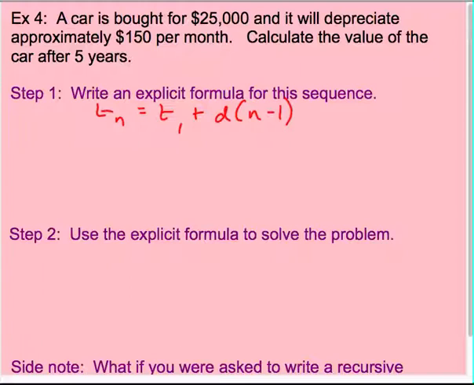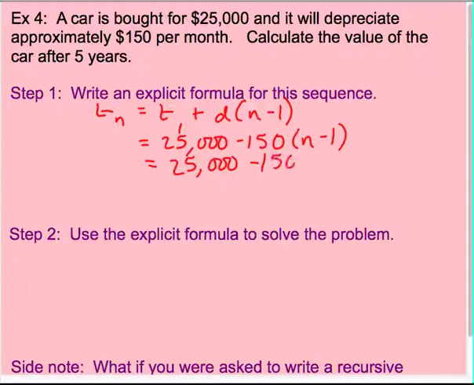Substituting in what we know, our first term is 25,000. Our common difference is negative 150 because it's depreciating in value. So distributing our negative 150 and combining like terms, we have an explicit formula of 25,150 minus 150n.